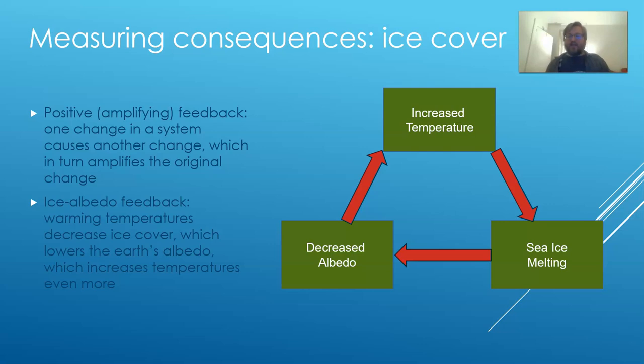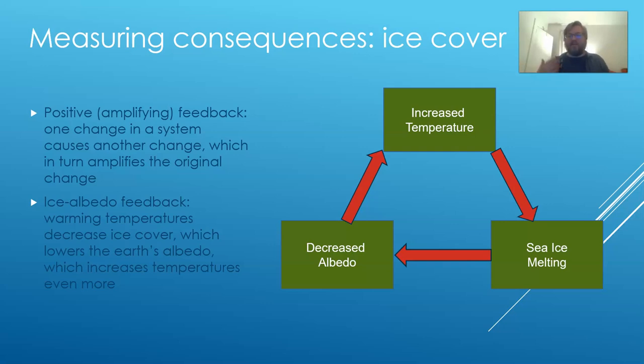Snow and ice cover also provide a good example of a feedback in our climate system. And this is specifically a positive or amplifying feedback. And I don't really like the term positive feedback because when you say positive, that sounds like you're saying it's a good thing.